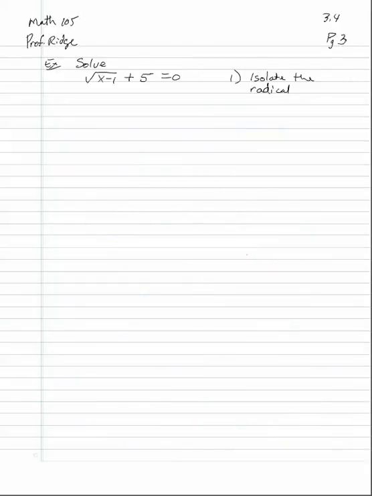Okay, so let's try another one. Our technique for solving radical equations is, your first step is you isolate the radical. So we want to get the radical term all by itself. And then you're going to use the principle of powers to raise both sides to the power of the index of the radical.